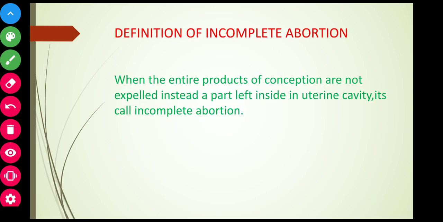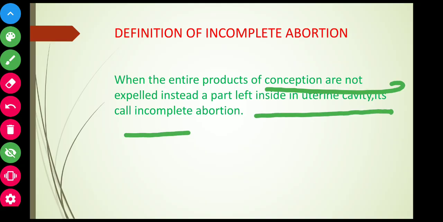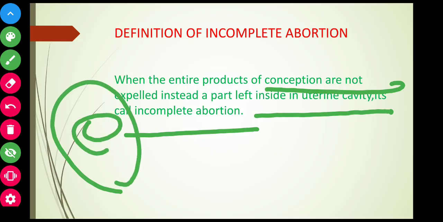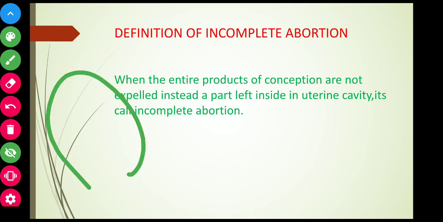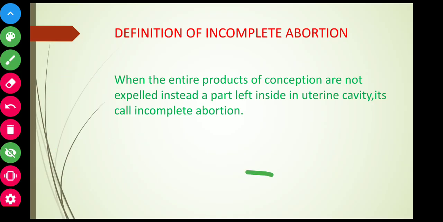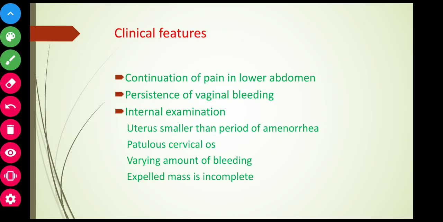So in incomplete, what happened here? When the entire products of conception are not expelled out, instead a part is left inside the uterine cavity, it is called incomplete abortion. As I said, conceptual material has come out, but there are certain tissues inside. Clinical features.